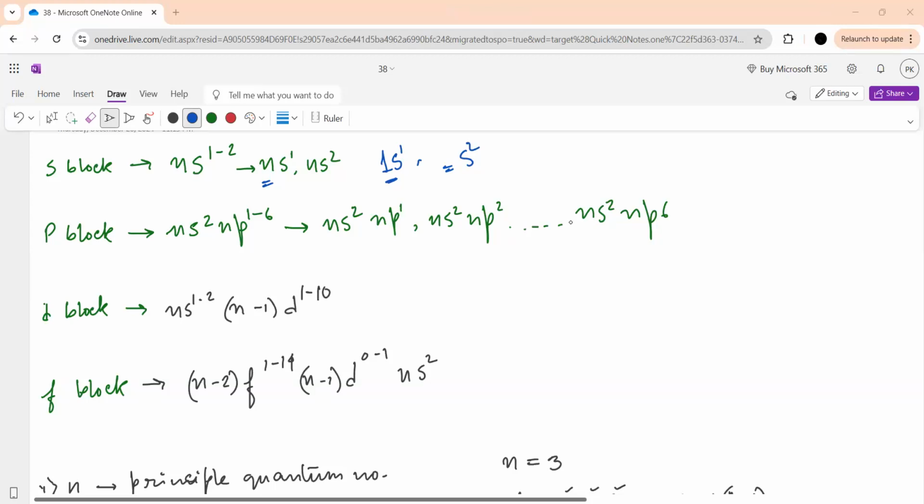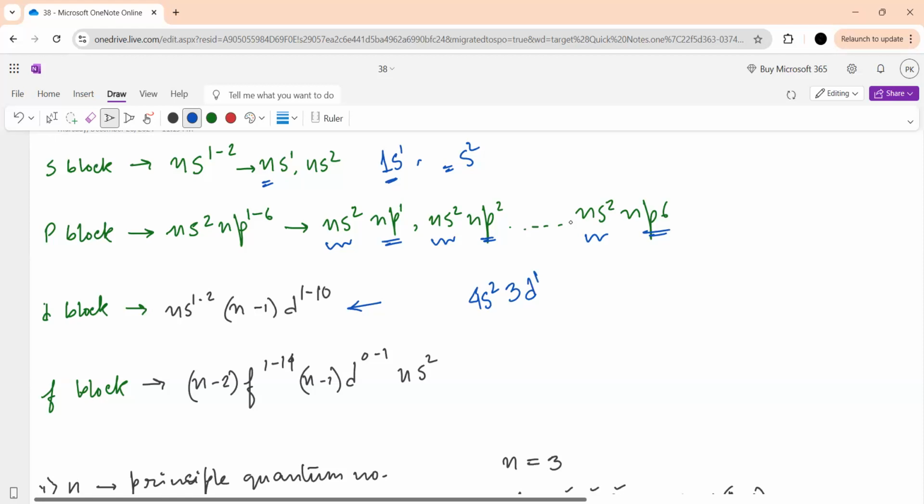Similarly, for P block, we got p1, p2, p3, up to p6, with a filled s, right? Yes, ma'am. And for scandium, you got 4s2, 3d1.